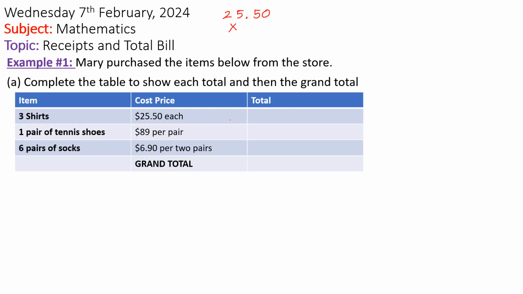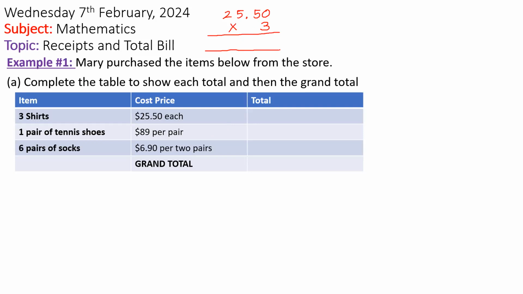Multiply by 3, very good, because there are 3 shirts. And once again, I am not talking to myself. If you're inside this class, you need to answer me. There's a lot of you in here who I do not hear talk. That means you're on Netflix or doing something else, and I will call you out. You need to respond to me when I speak to you.